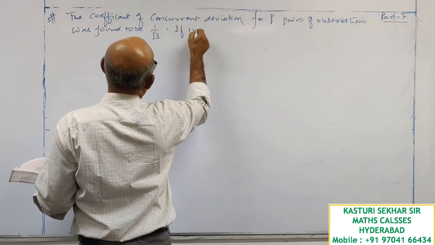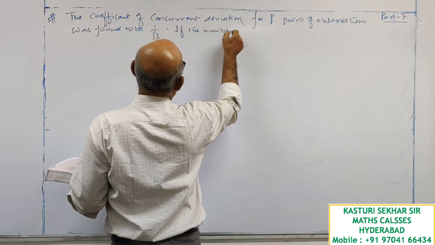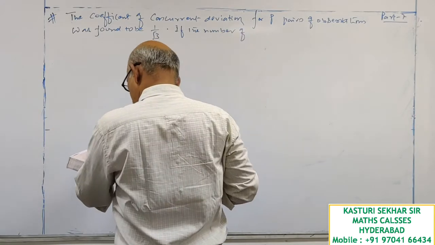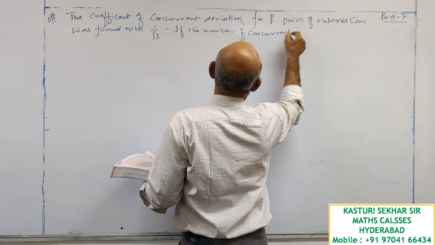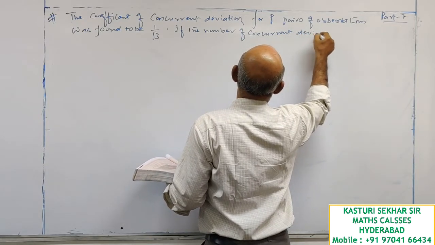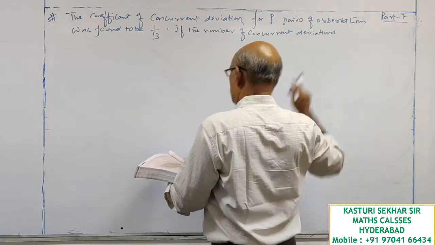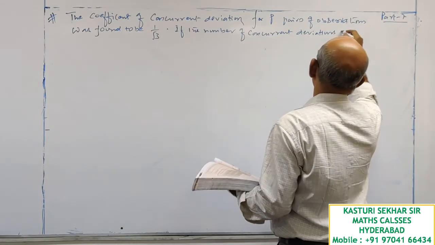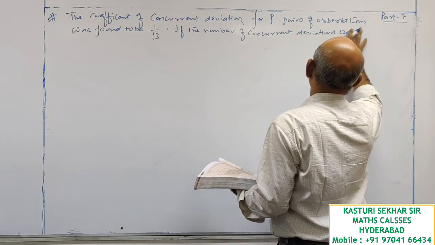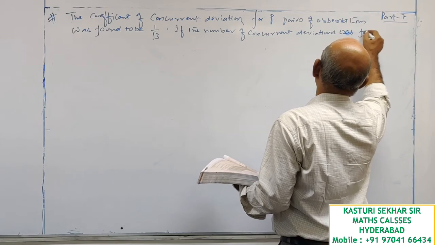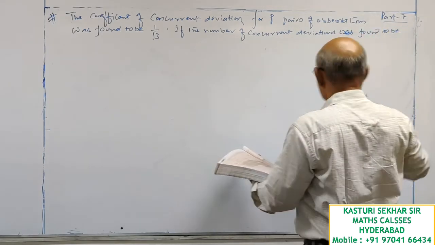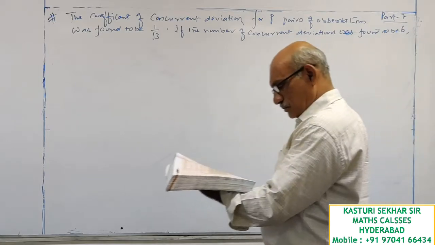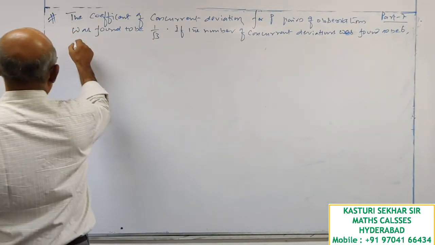If the number of concurrent deviations was found to be 6, then the value of P is?